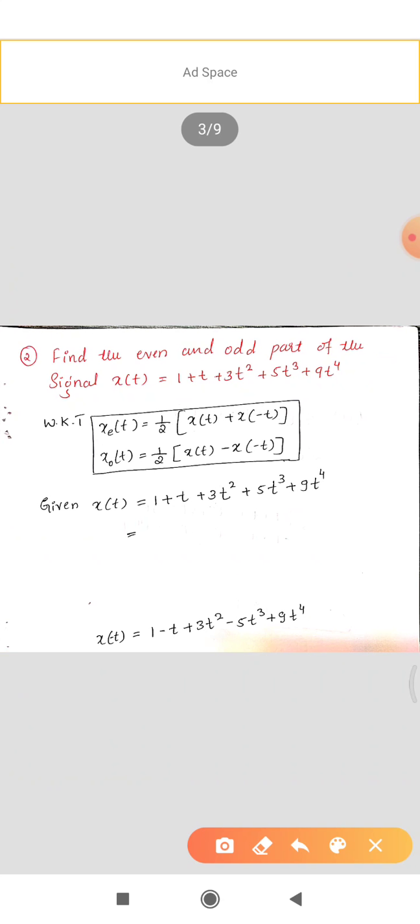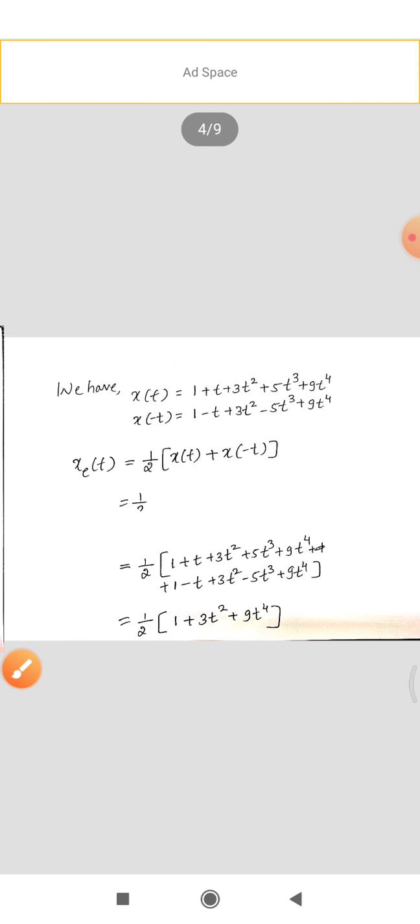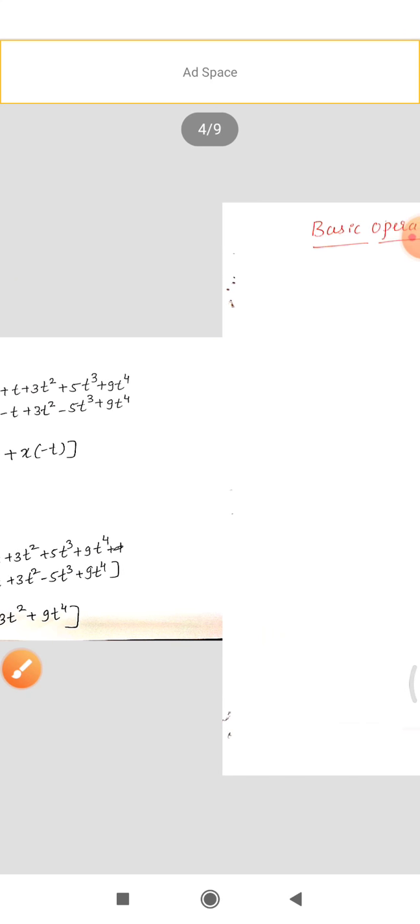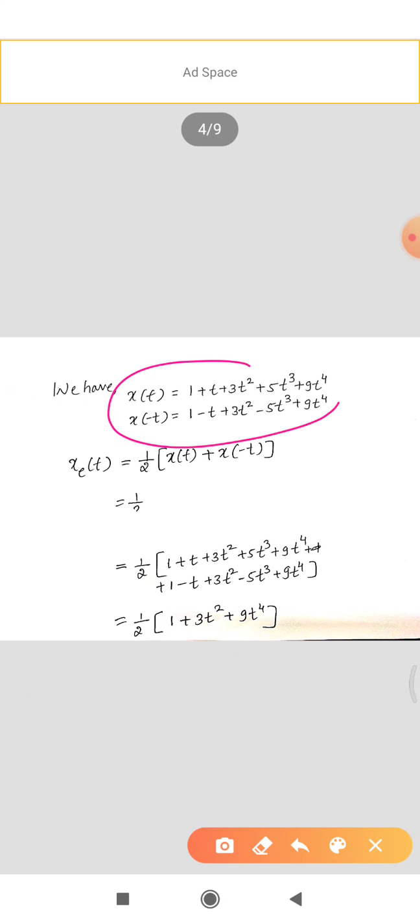Now we have x of t and x of minus t. Then we will calculate x odd of t, which is equal to 1 by 2 x of t minus x of minus t. So same formula we'll write. I hope now you are very familiar with this.